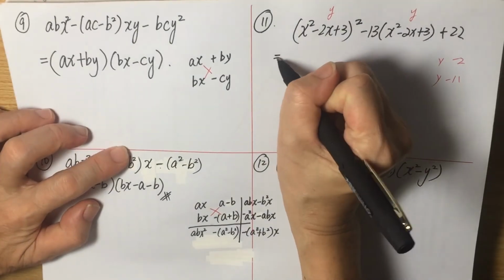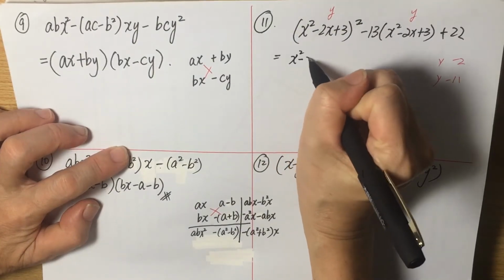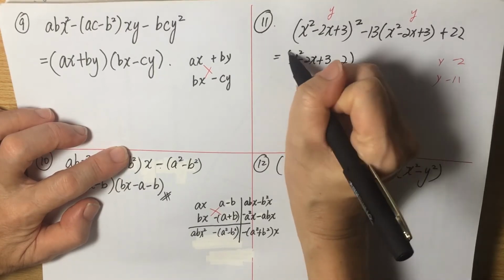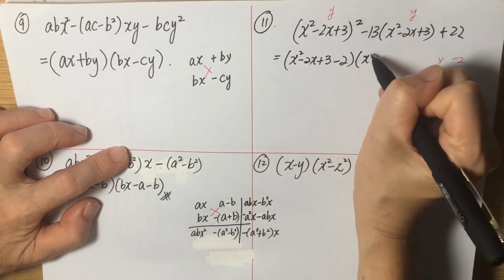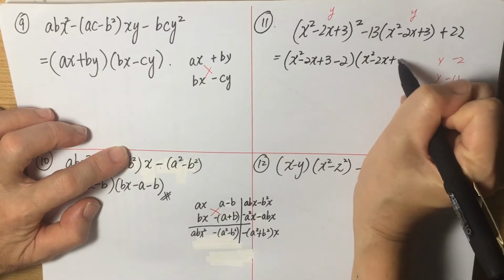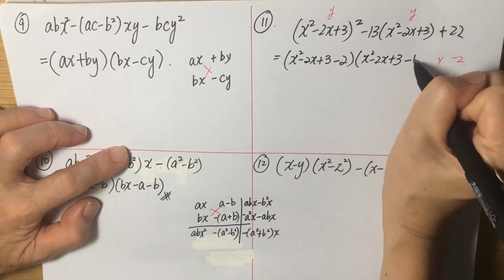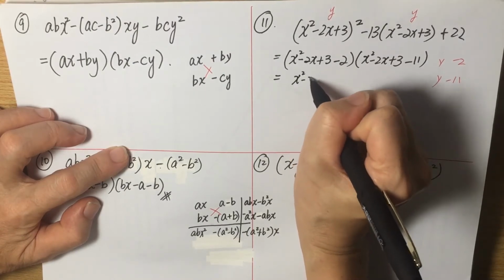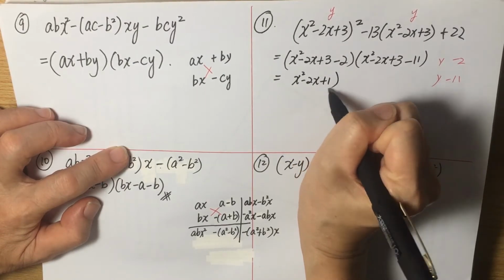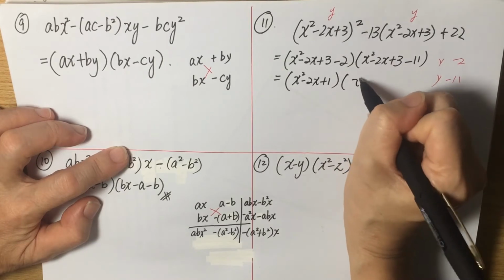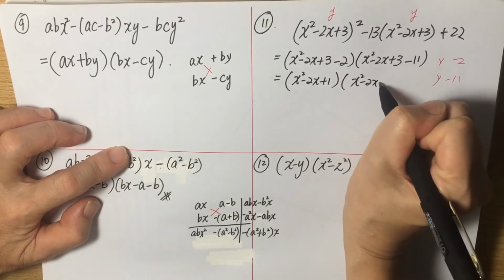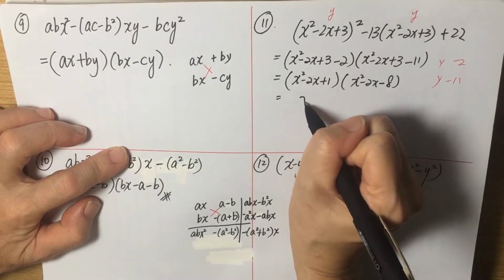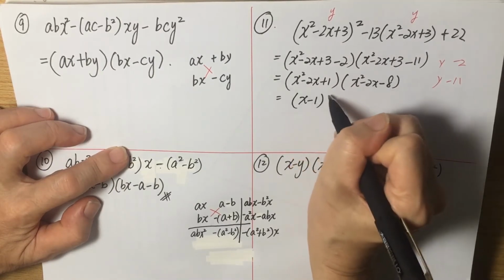So I'm actually getting x squared minus 2x plus 3 minus 2, and then x squared minus 2x plus 3 minus 11. So here I have x squared minus 2x plus 1, and this one is x squared minus 2x minus 8. So this is a perfect square of x minus 1.